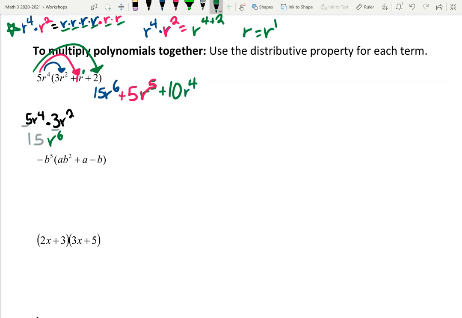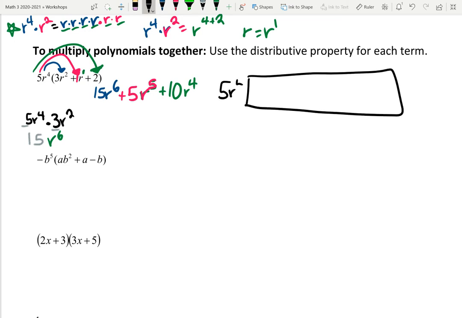4. Voila. Now, an alternative is using an area model to represent this. I'm going to draw a rectangle. I'm going to write my terms, 5r to the fourth, and on the top, I'm going to write 3r squared plus 1r. I like to write my coefficients, and positive 2. Since there are 3 terms I'm multiplying in the grouping symbol, I'm going to have 3 boxes.